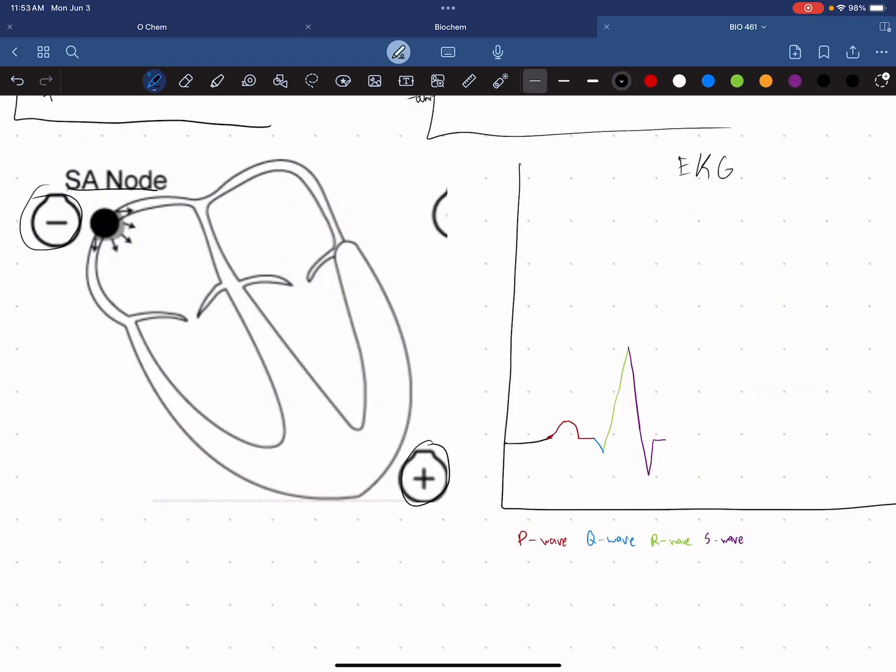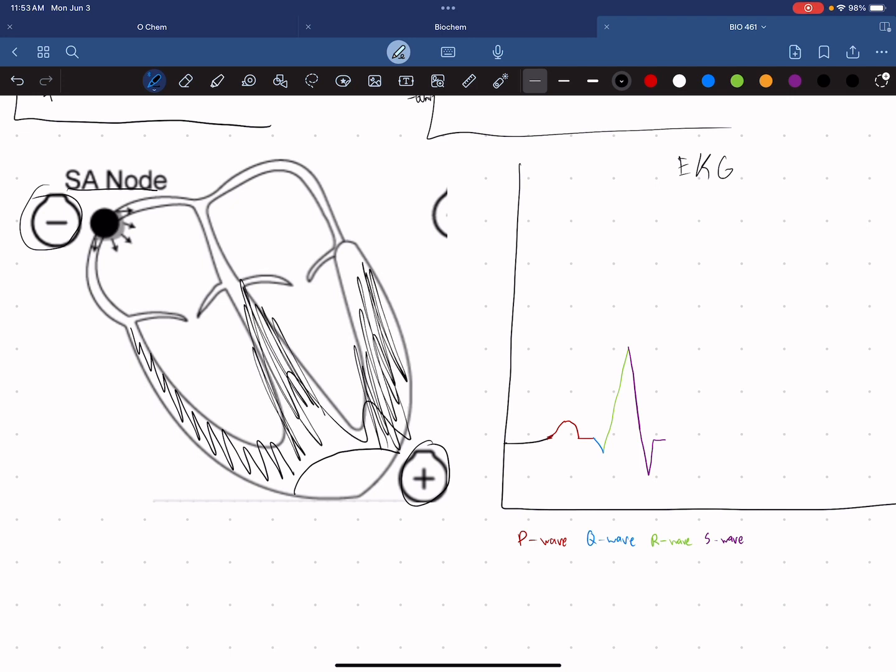So after the entirety of the heart has experienced that electrical field, and we've gone through the P, Q, R, and S wave, this whole area has experienced that depolarization, but what we'll start to see is moving in the opposite direction.